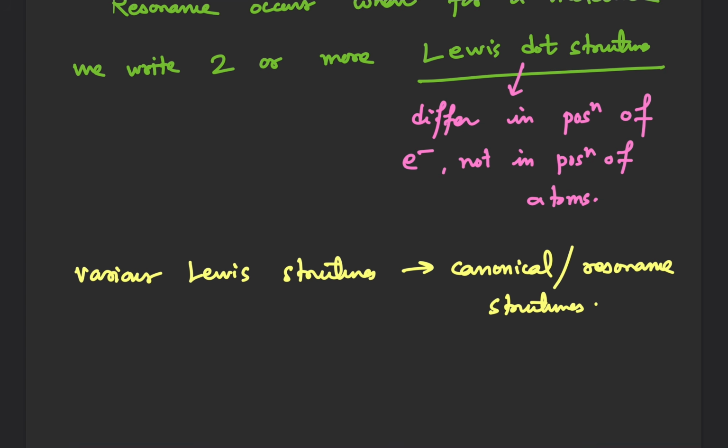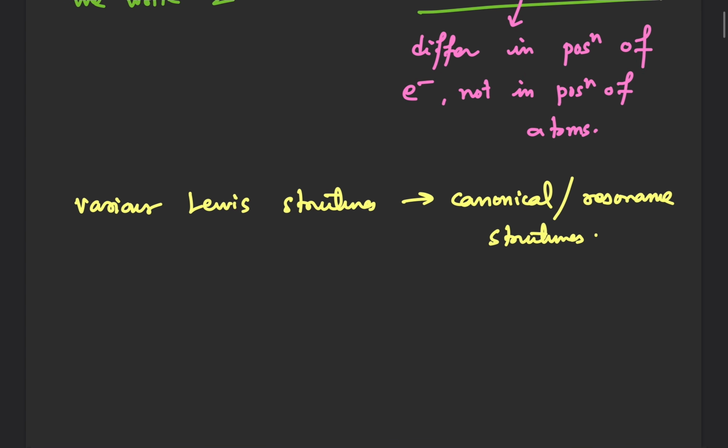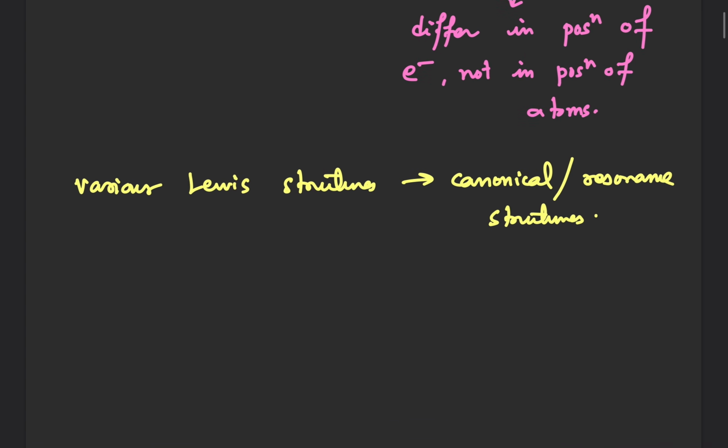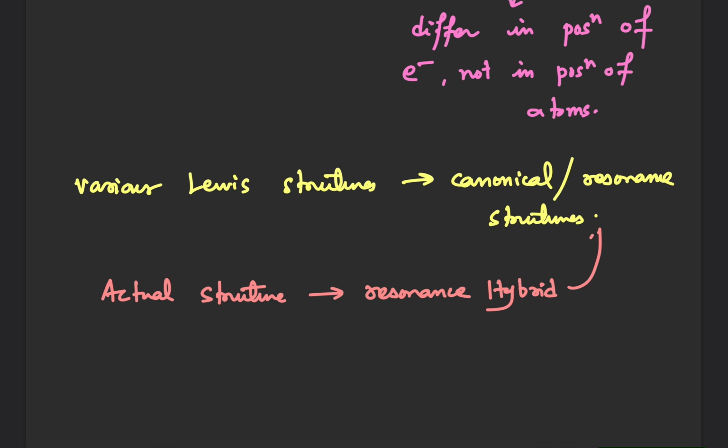And the actual structure of the molecule is a resonance hybrid of all these Lewis structures. Very important. So the actual structure is the resonance hybrid of these canonical or resonance structures. Okay, so methyl acetate may be regarded as a resonance hybrid of the following two structures.